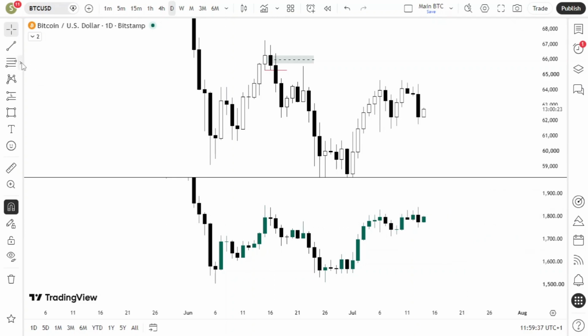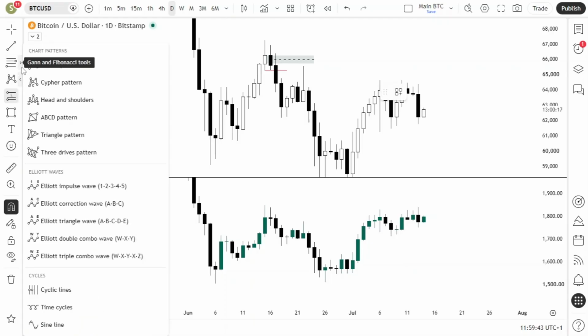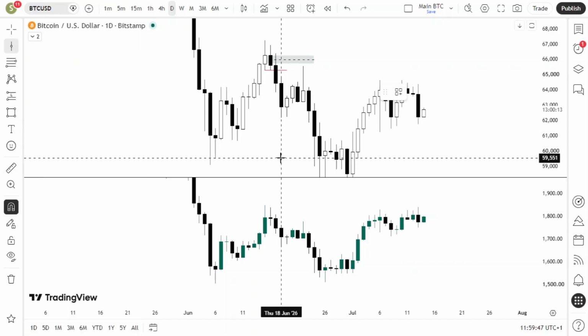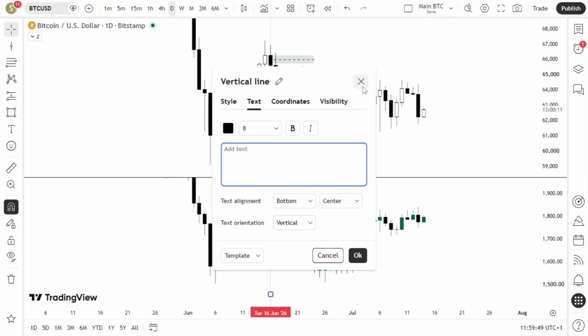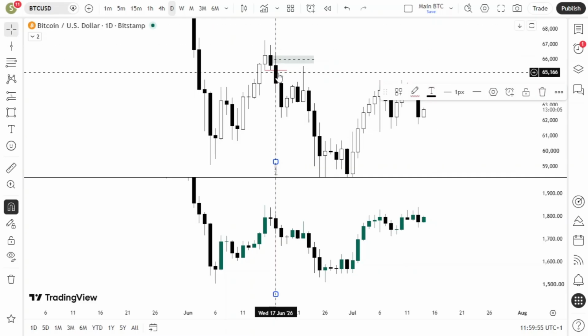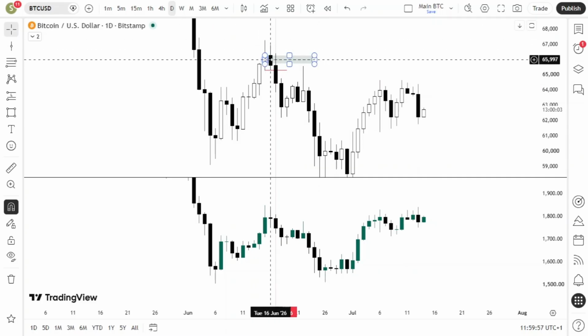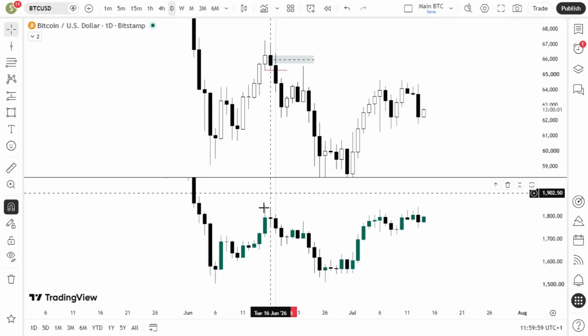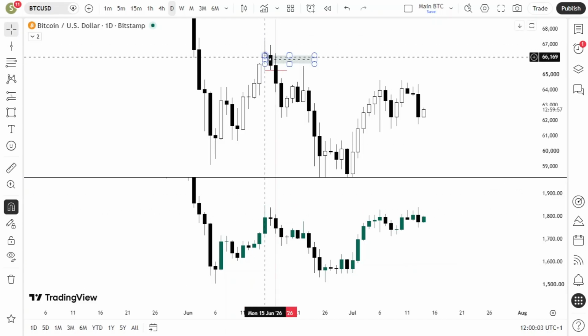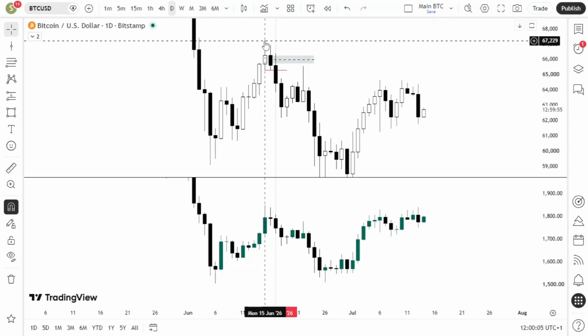So let me just drop a line on that day. So this is the day of focus. This would have been our day of operation or our day of hunting, because we have an order block on BTC, but we do not have one on ETH, but we can use the order block on BTC to frame a trade idea.